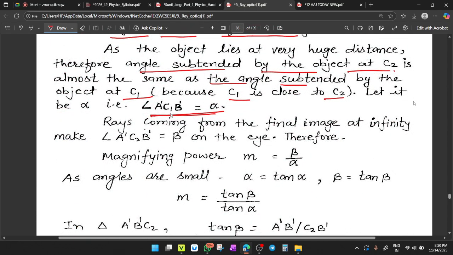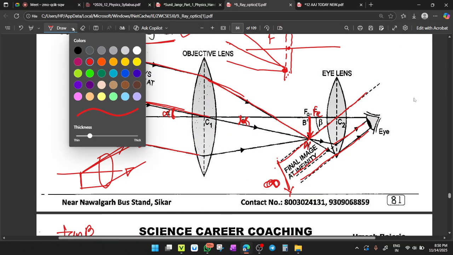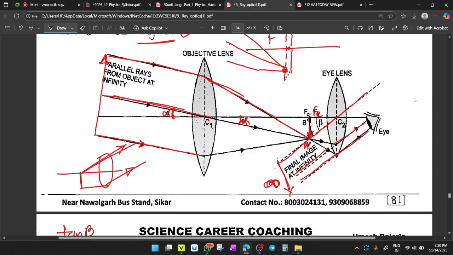So we are talking about A C1 B'. Now focus on the image A C1 B'. This is your object A'B', with A' at the bottom and B' here. Now A'B' makes an angle alpha, which is the angle made by the object.